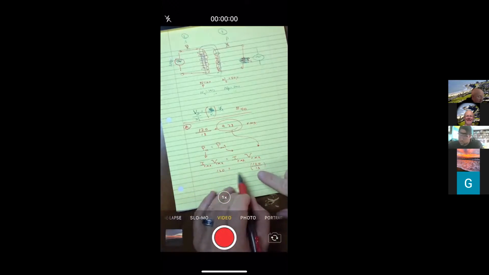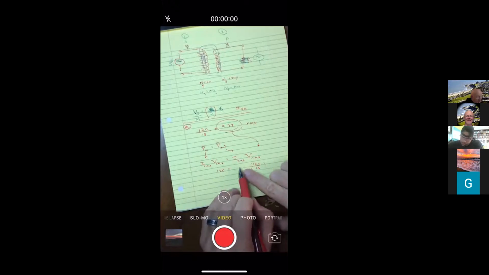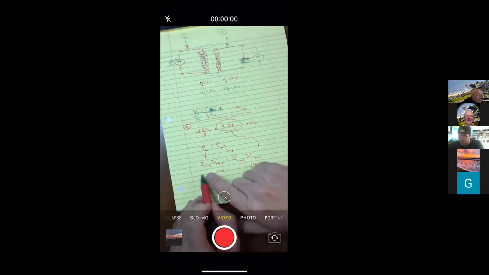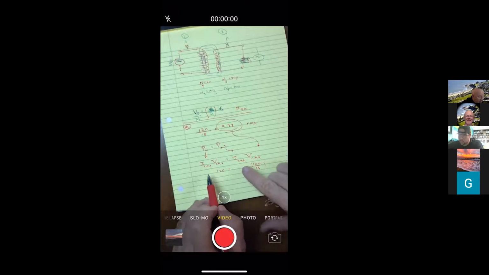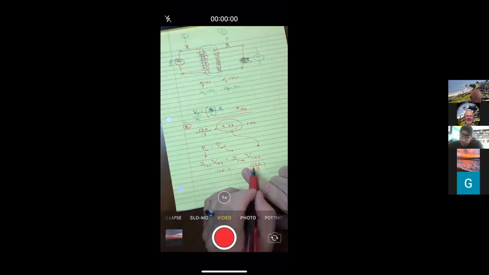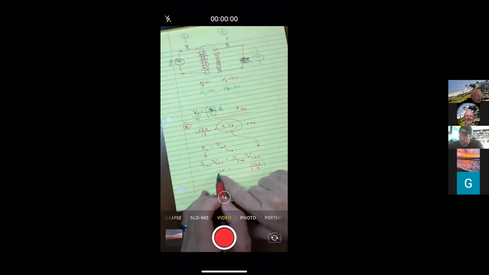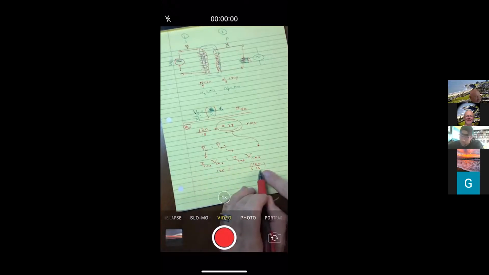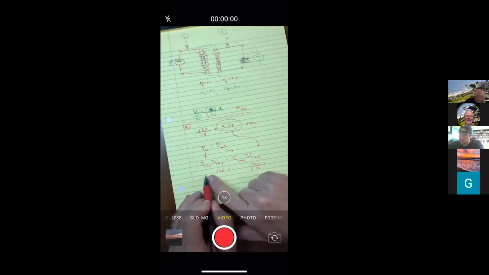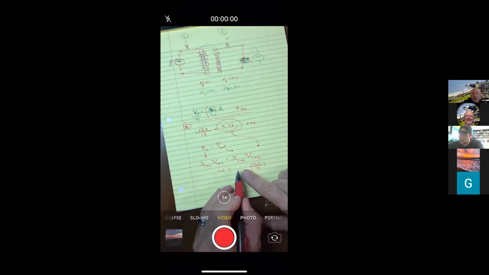That means that the current over here in the secondary must be increased by a factor of 13 compared to the primary, because the two have to be equal. So if this number decreases by a factor of 13, this number must increase by a factor of 13.